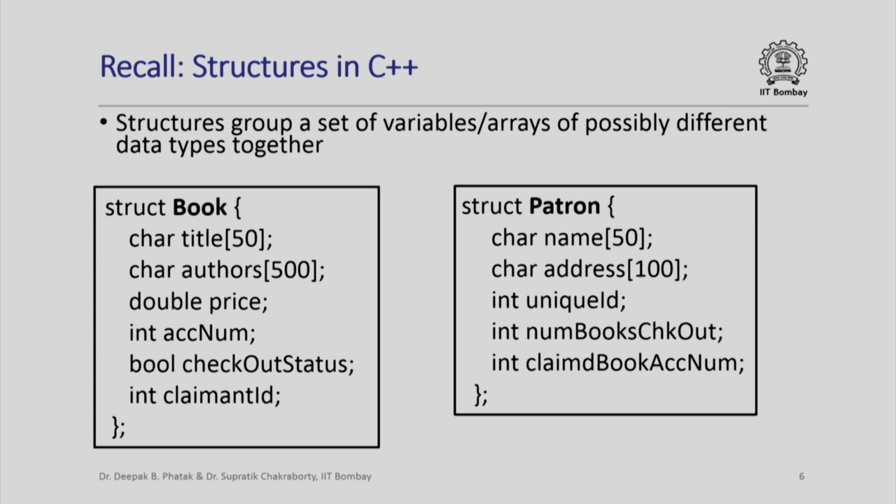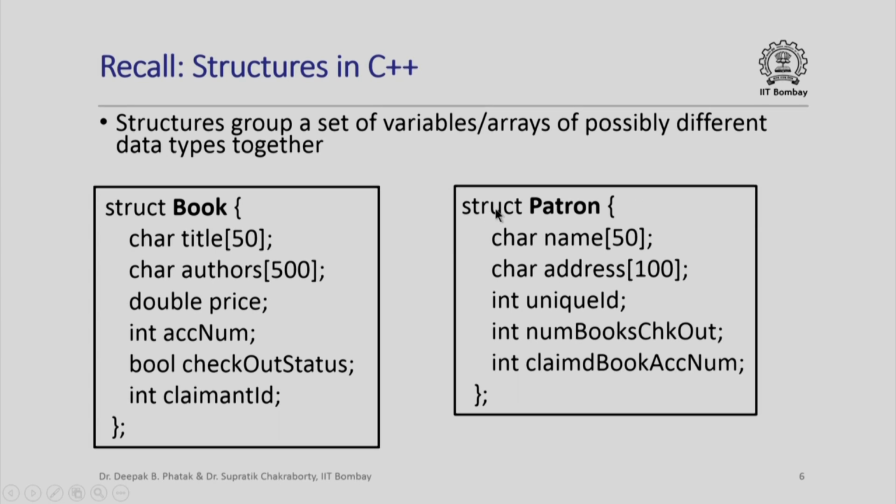So if you recall from the previous lecture, we had defined these 2 entities, book and patron, as C++ structures, and each of these structures had several information items stored within them. For example, the book structure had the title of the book, the authors of the book, the book's price, its accession number, checkout status, and the ID of any claimant of the book stored within the structure.